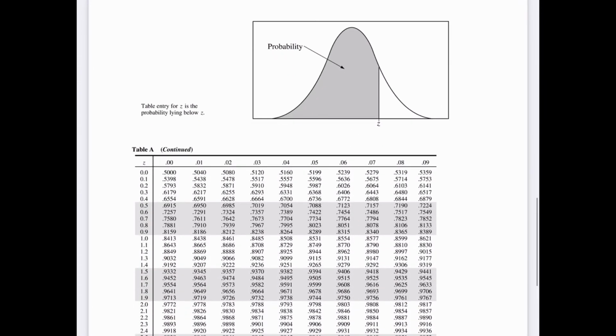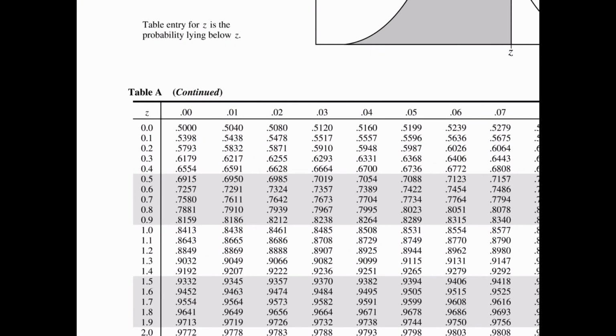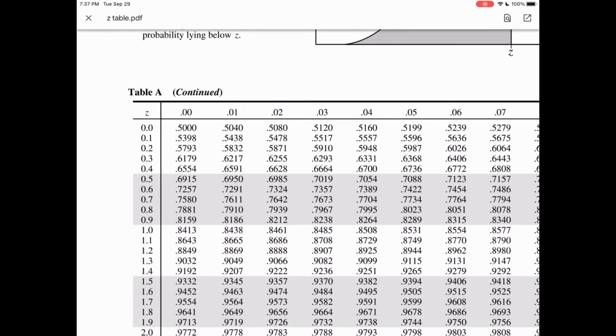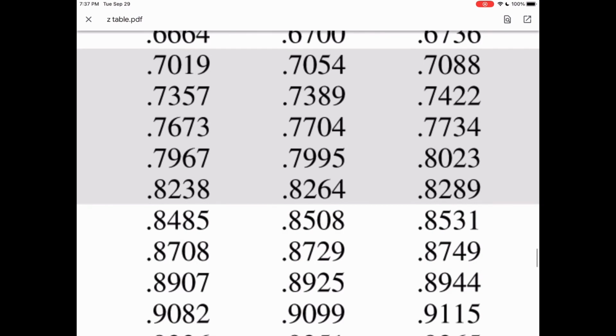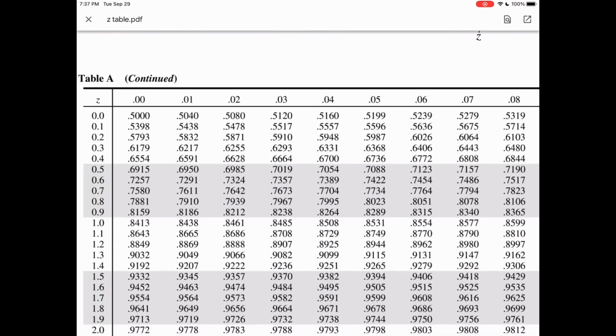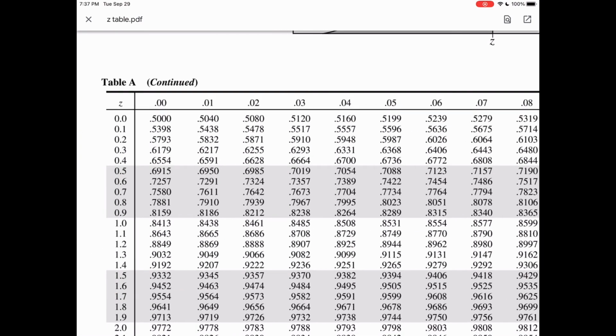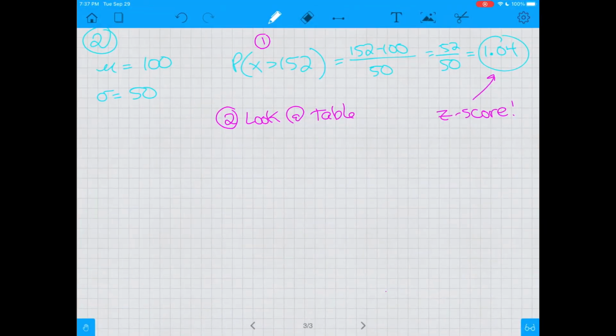When I go look at the table, 1.04 puts me over here in this column in the center. I zoom in on this: 0.8508. So I know the probability, remember from the table, that x is less than 152 equals 0.8508.